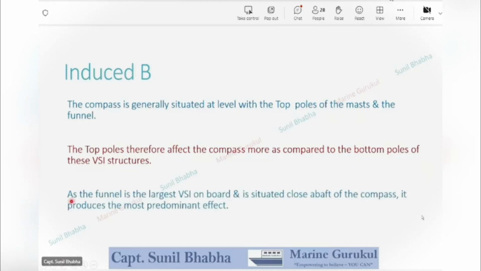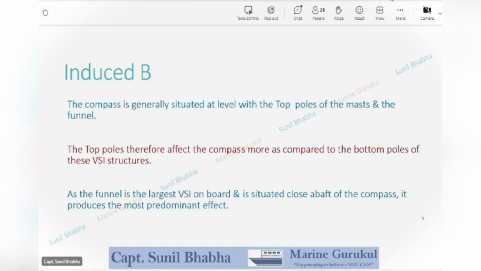Second thing to note is that the funnel is the largest vertical soft iron structure on board. We may have the masts, we may have the cranes, aft mast, but the amount of steel which is used in construction of the funnel is much more, as well as the size of the funnel is much more as compared to the size of masts or cranes.